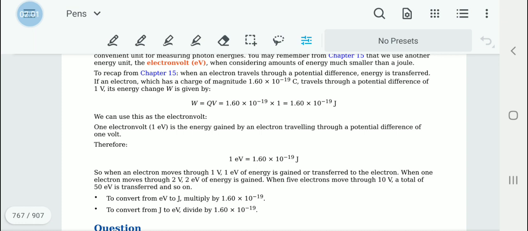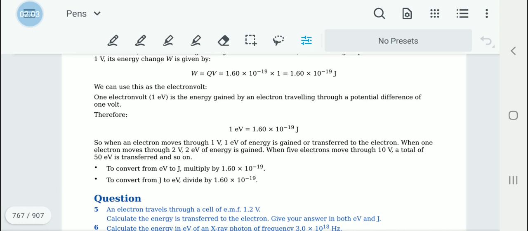So when an electron passes through 1 volt, 1 electron volt of energy is gained or transferred to the electron. When 1 electron moves through 2 volts, 2 electron volts of energy is gained, and so on. When 5 electrons move through 10 volts, a total of 50 electron volts is transferred.